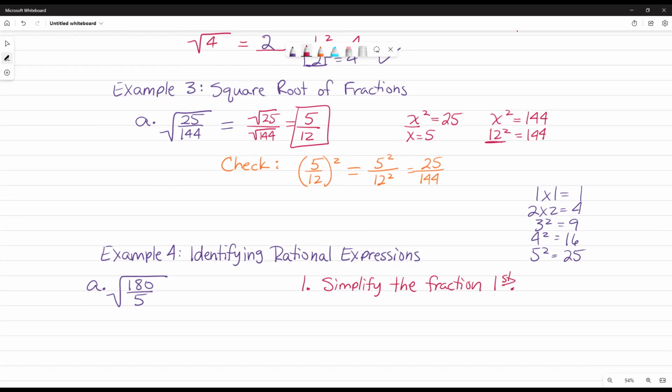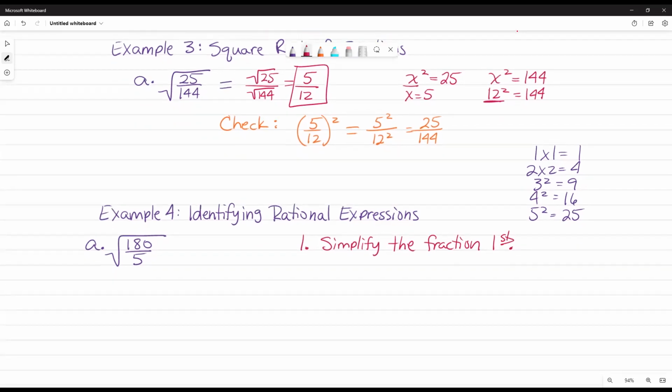first. So before, I knew, and y'all will start to recognize it, that we have perfect squares. So it made more sense for me to just go ahead and square the numerator and denominator separately, so I could turn them into 5 and 12 in our previous example. In this case, I know that 5 is not a perfect square of any kind.